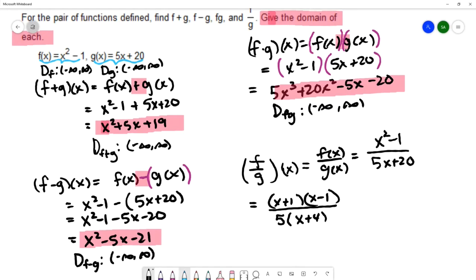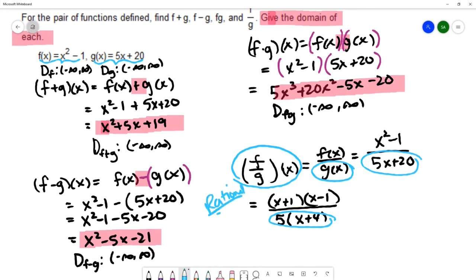Now the division is different. When you introduce division, you have now created something that is not a polynomial. This is a rational function. And with rational functions, our denominator cannot be 0. So we're not going to have a domain of all real numbers for the division.